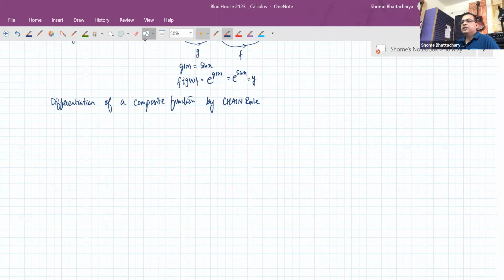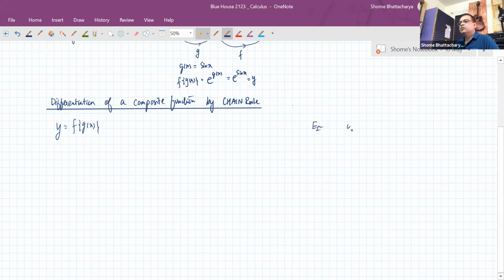So to differentiate by chain rule any function of the type y equal to f(g(x)), let's side by side also look at the example that we took. y equal to e raised to the power sin x. So you can see that the first step is to introduce a dummy variable, and that is called the substitution step.